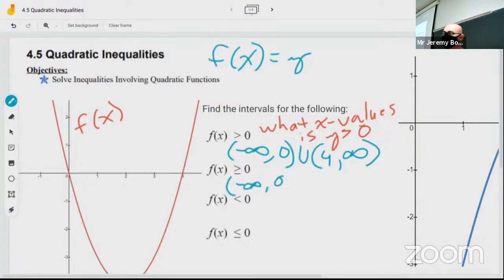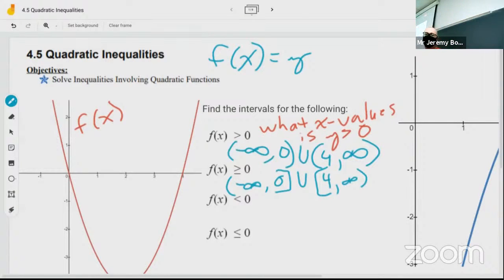We'd have negative infinity to 0 still, but we're going to include the 0, so we're going to put a bracket. And it's going to be from 4 to infinity, but we're going to include the 4, so we're going to put a bracket on. Any questions on that?